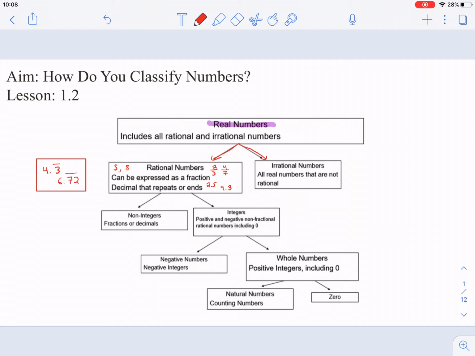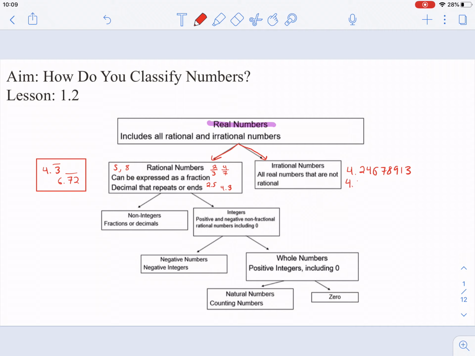Irrational numbers are numbers that are not rational. So a decimal that does not repeat, like 4.24678913, that does not repeat.